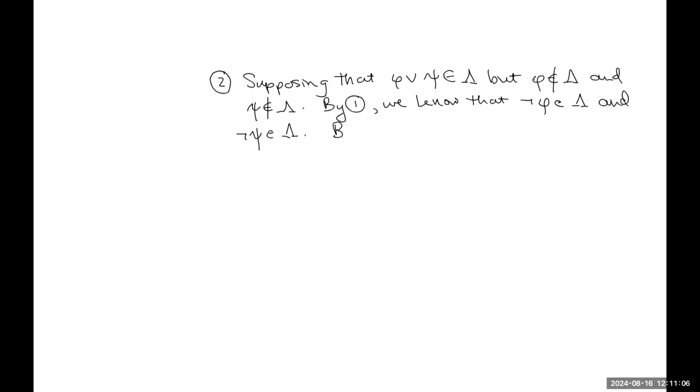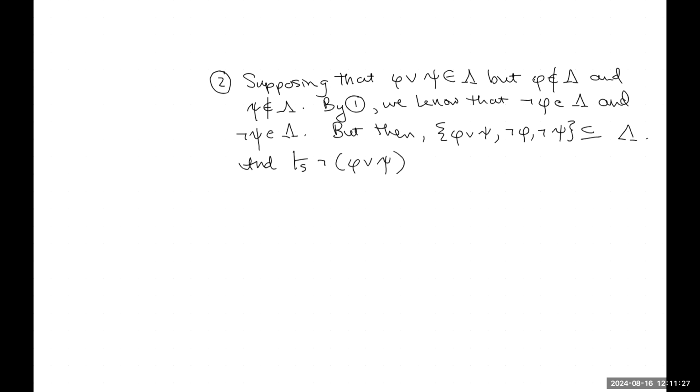But then the subset that contains phi or psi, not phi, not psi, this is a finite subset of lambda. And in system S, you can prove that you can't have a disjunction and the negations of both disjuncts.